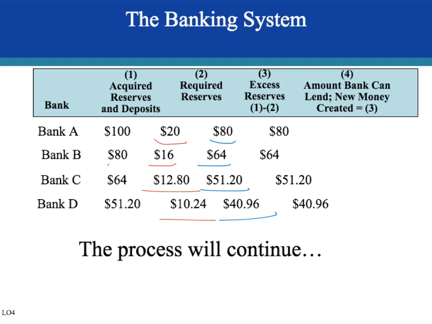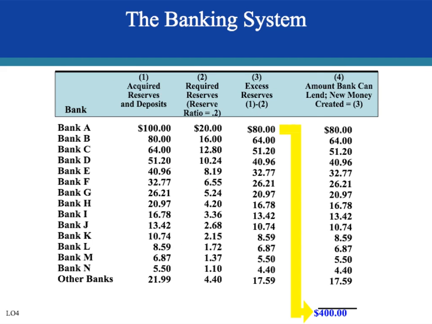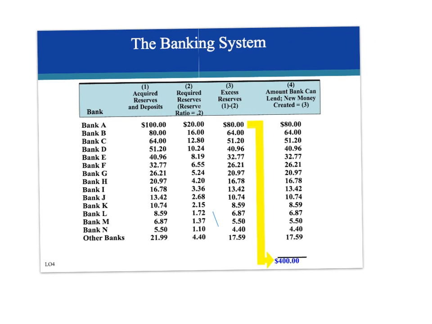Okay, as long as the loans and the money are deposited at a bank at each stage, then the process will continue, until what we see is that from the original $100 that was deposited, through the banking system, assuming again that money was deposited at each stage, $400 of new money was created.